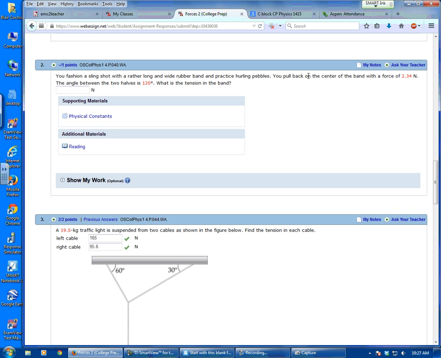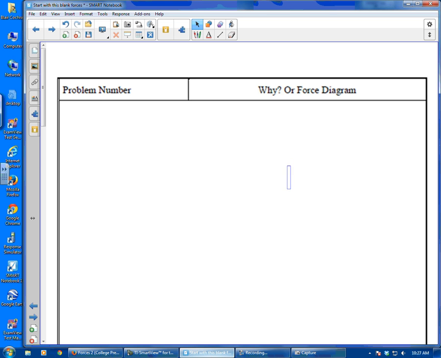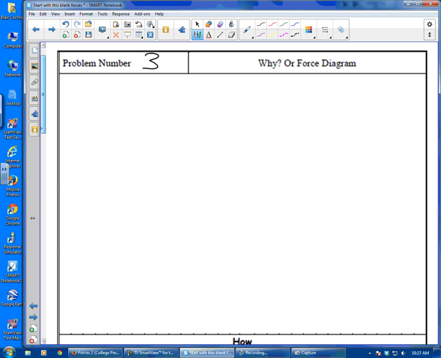But if you have a single band, like here in number 2, or standing on a single wire or something like that, you have a tension in that item of the same value. And that can make your life simpler when you're solving. If you forget that, that's fine. You'll still be able to solve it, but you'll just find out that the tension in either band is the same.